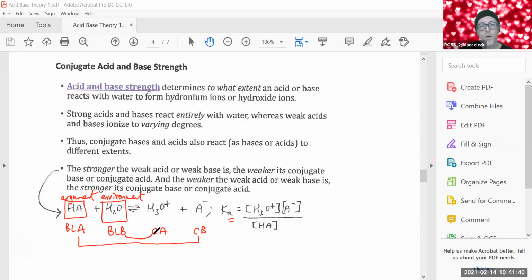You might wonder which is stronger, HA or hydronium, or BLB or water or A minus. I think I spell it out on the next page. Let me just make sure I do. No, I don't. So I'm going to spell it out on this page. Let's see if I can squeeze it in here somewhere.